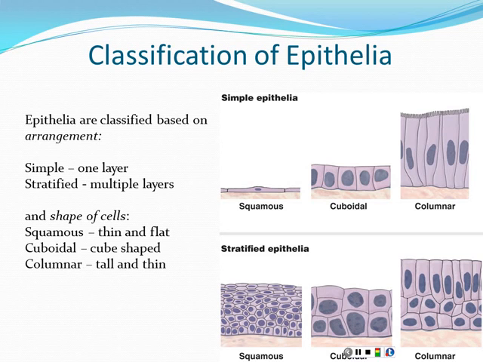So stratified means layers. And then the other way we organize epithelium is by shape. And here we're talking about shape of the individual cells. So we have squamous. Again, this is a new vocabulary word. Squamous means flat. So squamous cells are very, very thin and flat.